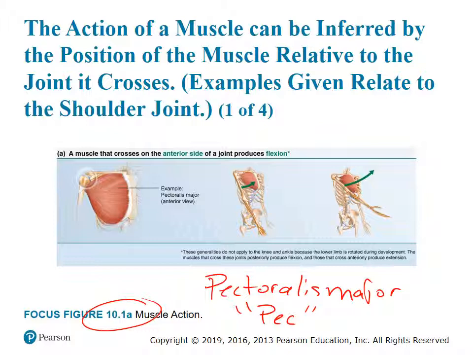What our pec muscle does, and you can see, for example, that major fanned muscle here that makes most of our chest is attached to the upper portion of the humerus, and when we contract that muscle, we produce flexion, and you can see the arrow going up, right, on the anterior.